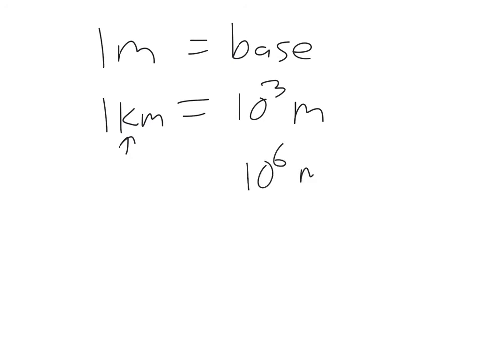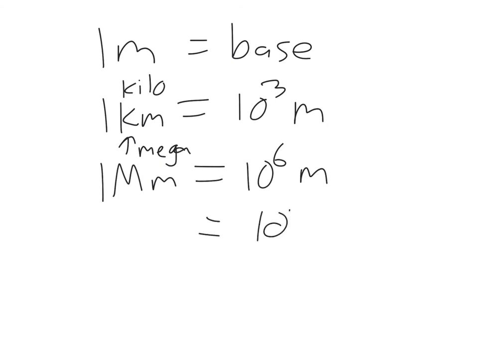That's 1,000,000 meters. If you go up to 1,000,000 meters, that is a megameter with a capital M. I should probably write these out. Kilo, mega. If you go up to a 10 to the 9th of something, in this case meters, that is a giga.